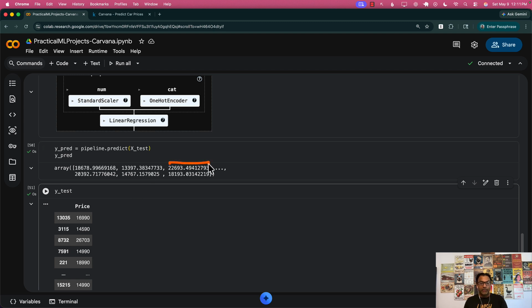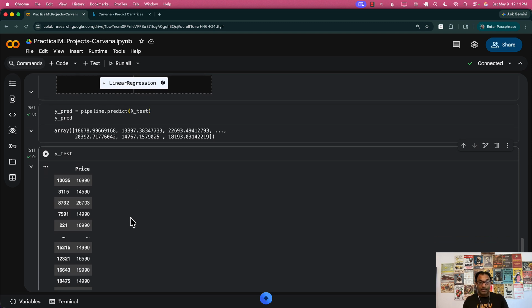You can see right there, this predicted value is 22,693. And this value that's coming up is 26,000. So, okay, a little bit of a gap over there, probably around $4,000 or something like that.